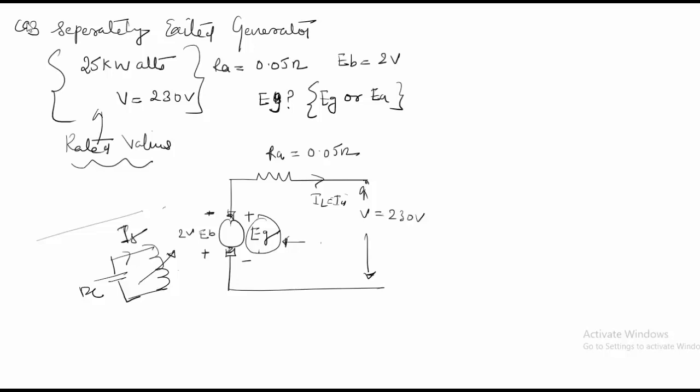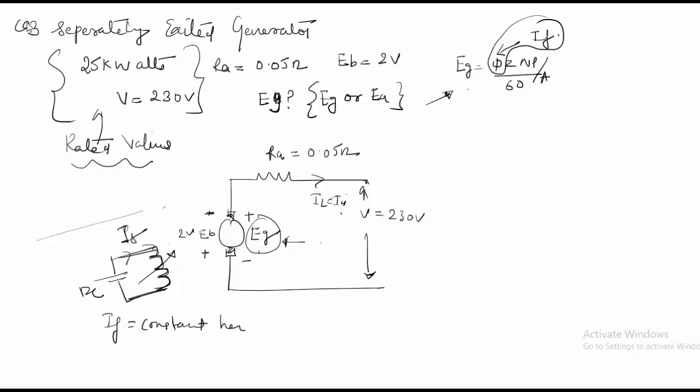So the field current will not affect the load current here, but when you are calculating it based on EG is equal to phi ZNP divided by 60 into P by A, in this case the flux will be related to my field current. So in this equation there will be some relation, but in this case we are assuming that the field IF is constant.